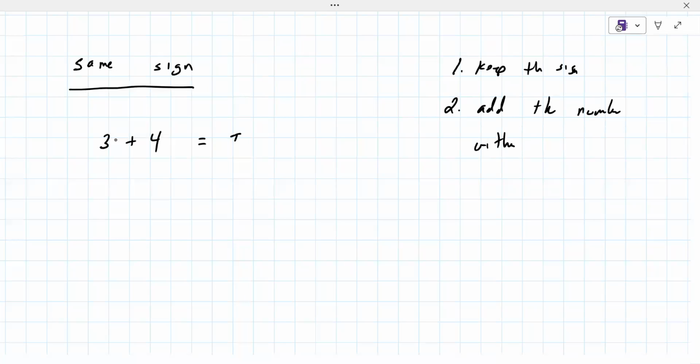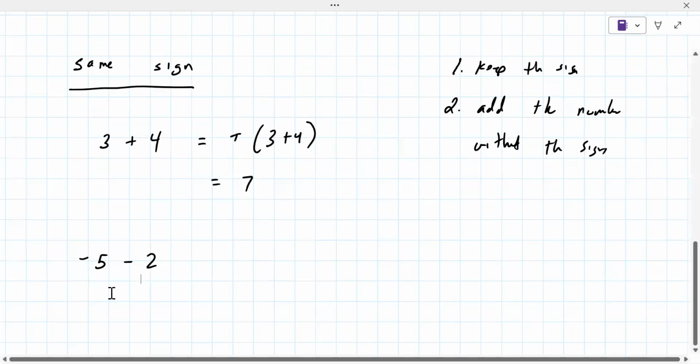So instead of looking at it as +3 and +4, you look at it as 3 and 4, and you add them together. This seems silly because you're like, look, I know the answer. I know that it's 7. Well, what if it's -5 minus 2? Now these are both negative.